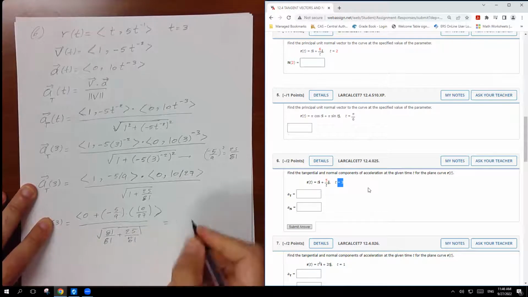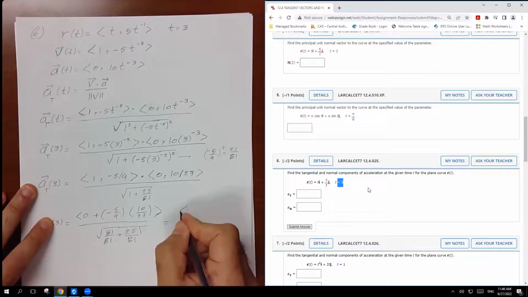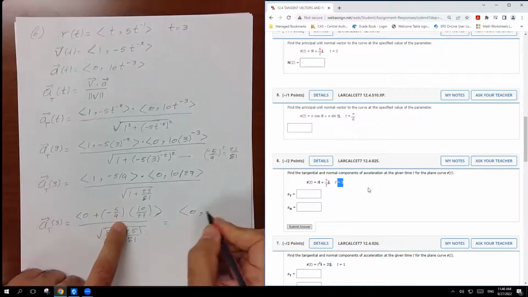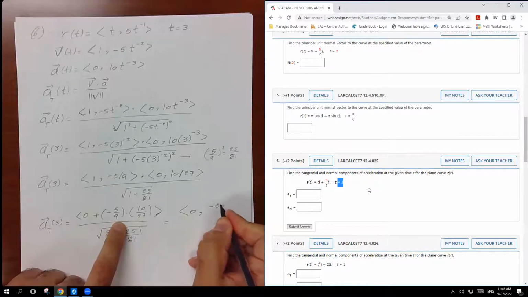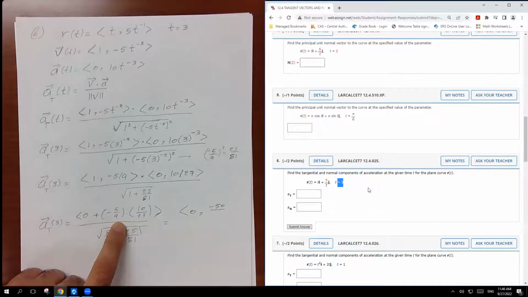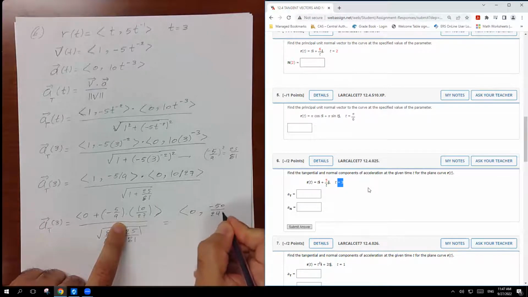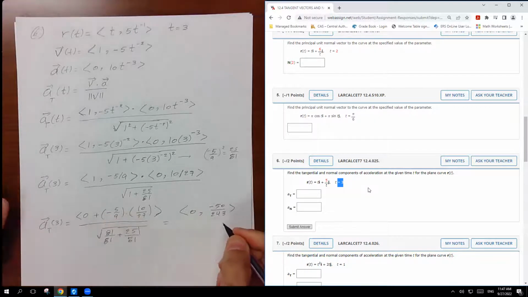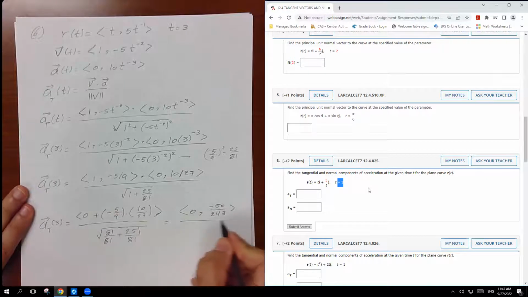That means this one is going to be equal to 0, negative 50 over 9 times 27, which is 243, and here is the negative sign. I don't think I can simplify the top part.